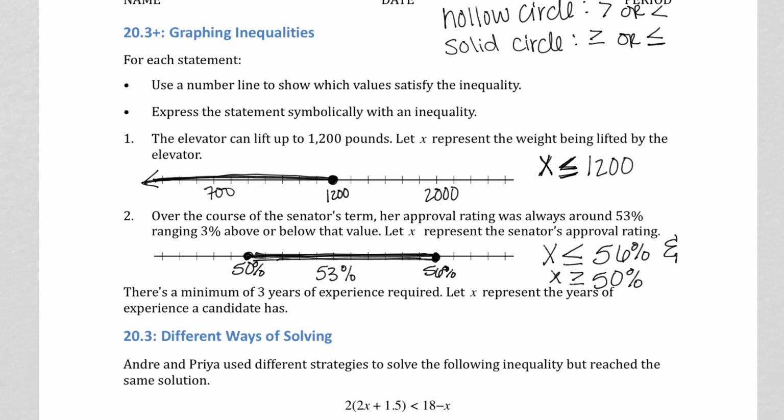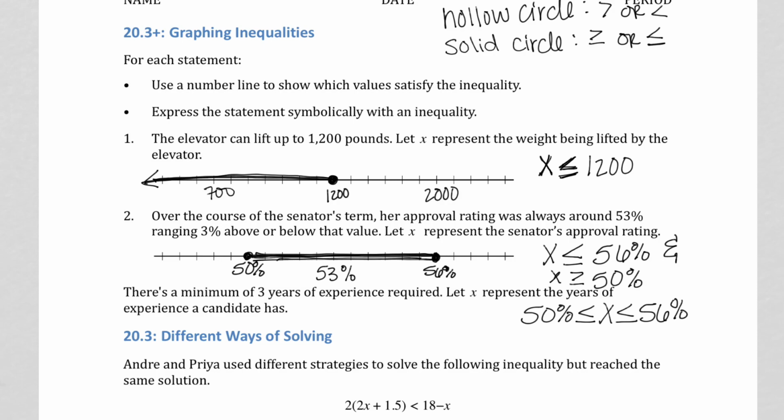Another way we could write this would be 50% is less than or equal to X, which is less than or equal to 56%. Have you guys seen anything written out like this before? If I took out the percentages, you probably would have seen something like this before. So that tells me that X is going to be between 50 and 56%, including the 50 and the 56%.